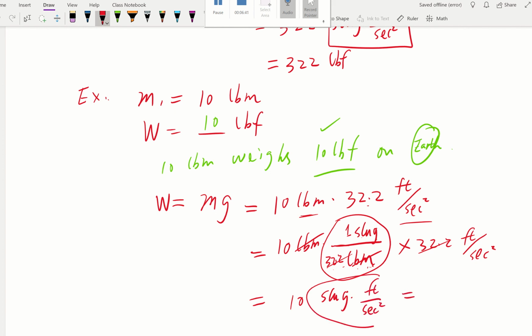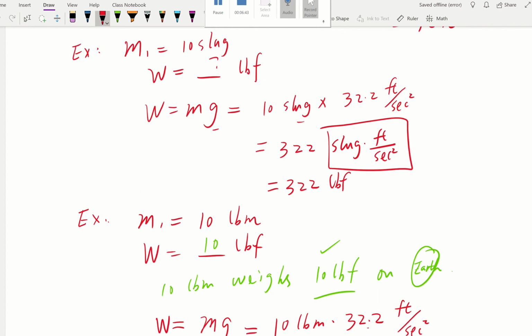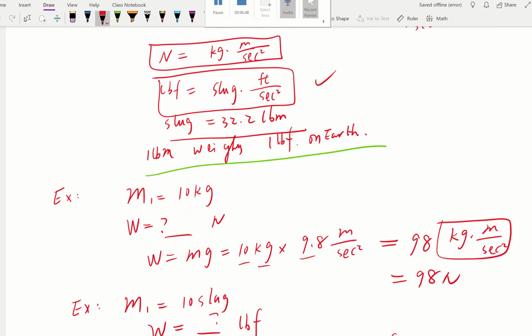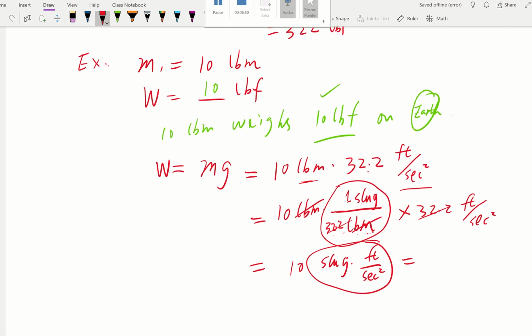All right, what's slug times foot per second squared again? That's right, it's our pound force. So the answer is 10 pound force. So what you did here is convince yourself that 32.2 cancels out, because 1 slug is 32.2 pound mass, and the gravitational pull coefficient is also 32.2. Then that makes it valid.